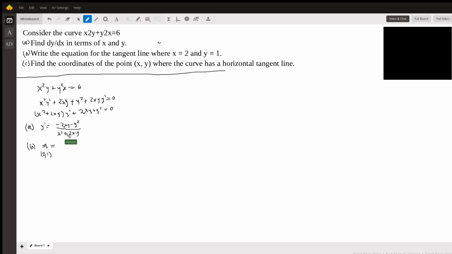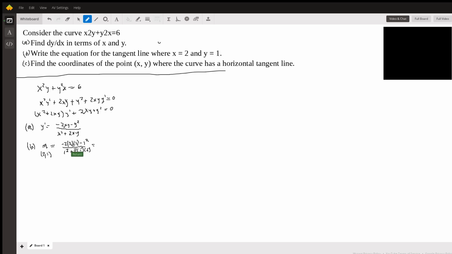And so it's going to be negative 2 times 2 times 1 minus 1 squared, all over 1 squared plus 2 times 1 times 2.